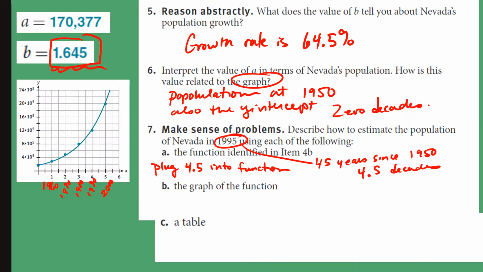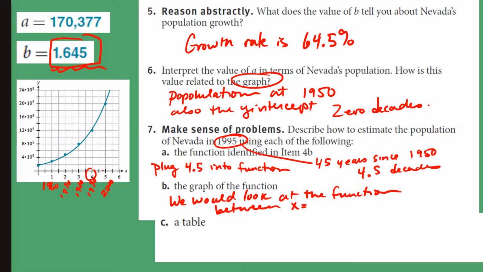On the graph, we would look at the function between x equals right there and right there. So x equals 4 and x equals 5, and we'd see about what that was. So it looks like it's going to be right about 160,000 or so.